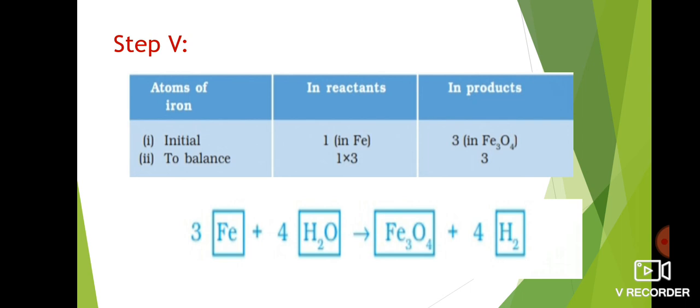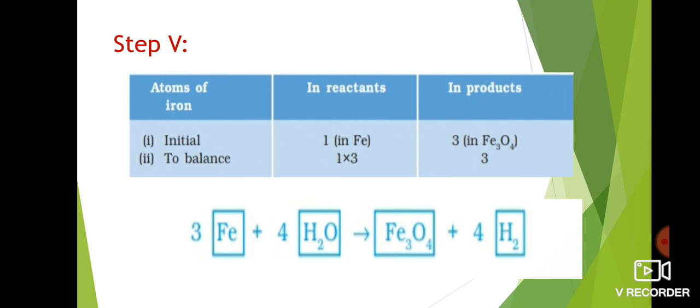So to balance this, in the reactant side, 1 is multiplied with 3, so the reactant side also has 3 iron atoms, and the product side also has 3 iron atoms. First we balanced oxygen, next hydrogen, and next iron. So we balanced these 3 elements.